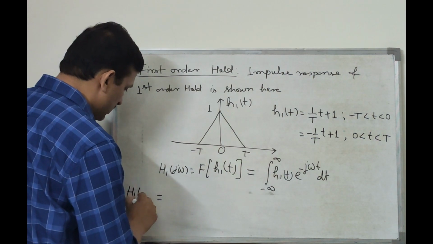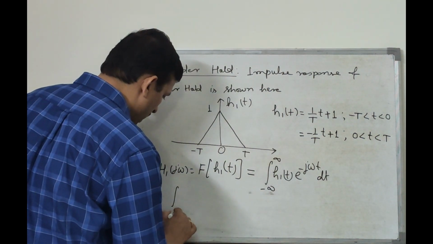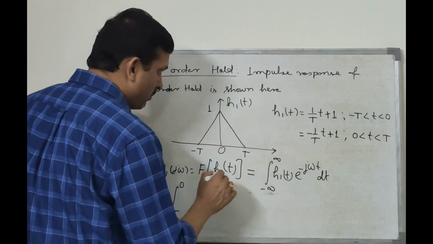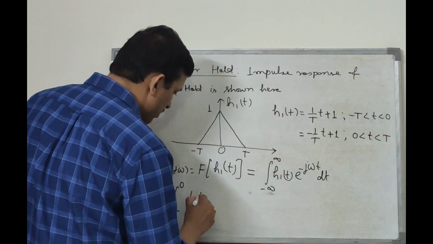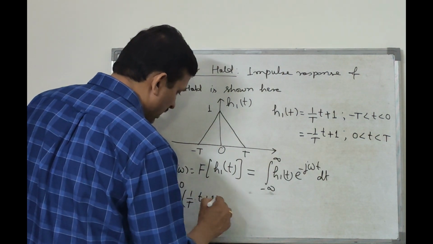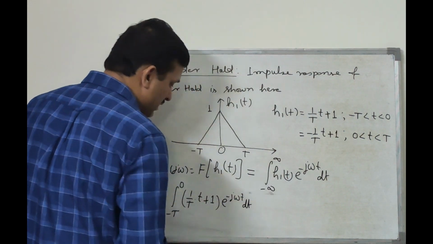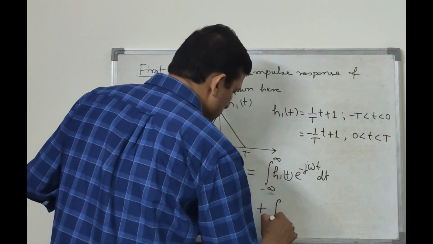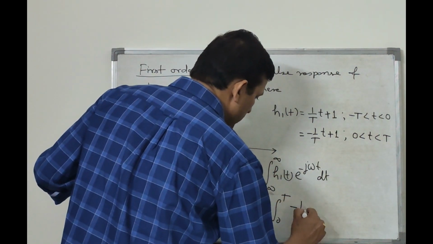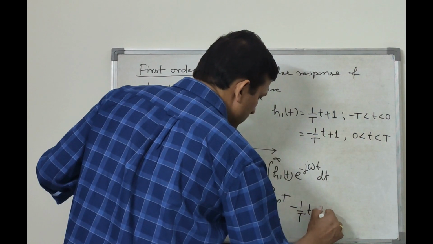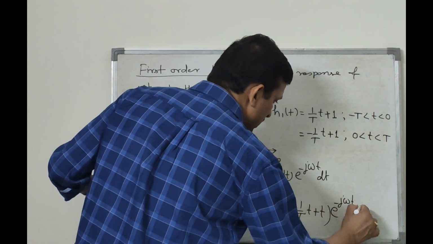So H1(j omega) is the integral from minus T to 0 of (t/T plus 1) e to the power minus j omega t dt, plus the integral over the interval 0 to T of (minus t/T plus 1) e to the power minus j omega t dt.